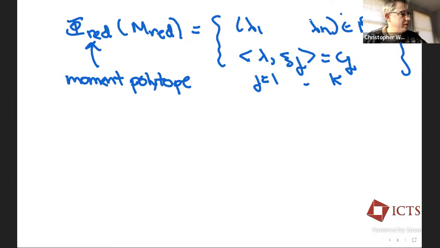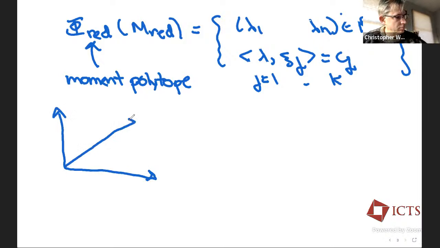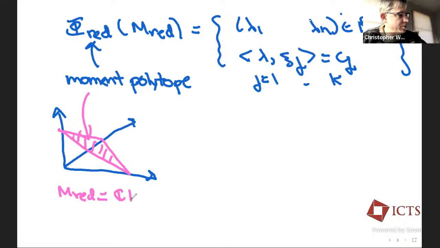The picture is that you're taking something like an orthant, and taking a slice of that by setting some collection of pairings of lambda with some c_j's to be fixed. So this would be like a typical slice. This would be the case when M_red is CP2.